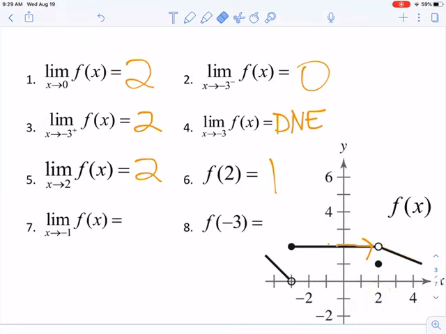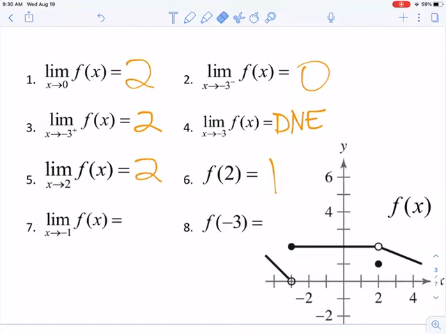Now, something I want to talk about very quickly. The first homework assignment that you had, there was a question. I don't know if it was like 72 or 60, 66, one of those problems, okay? It was number 60. It asked you, if you have the limit, what do you know about the function value?